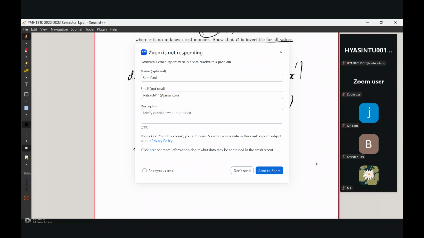Okay, that's for matrices. I'll wait for any questions if you guys have any. There doesn't seem like there's any questions.